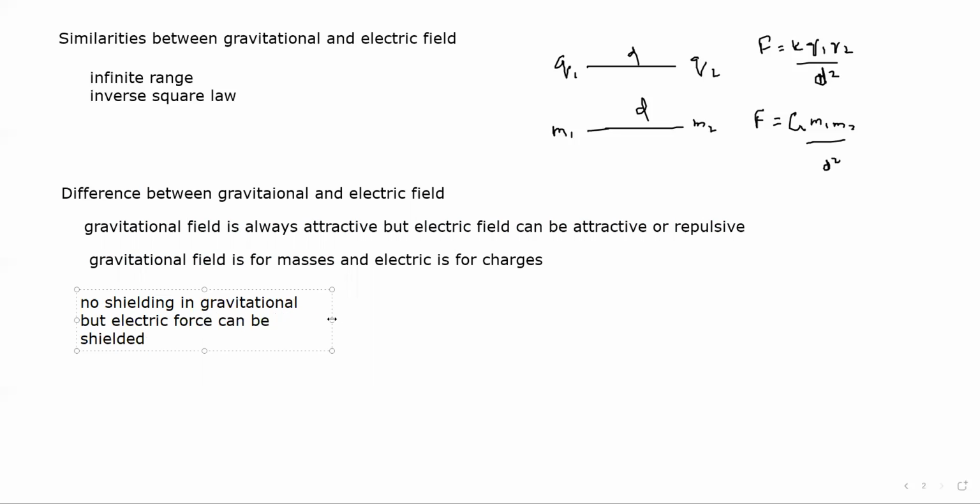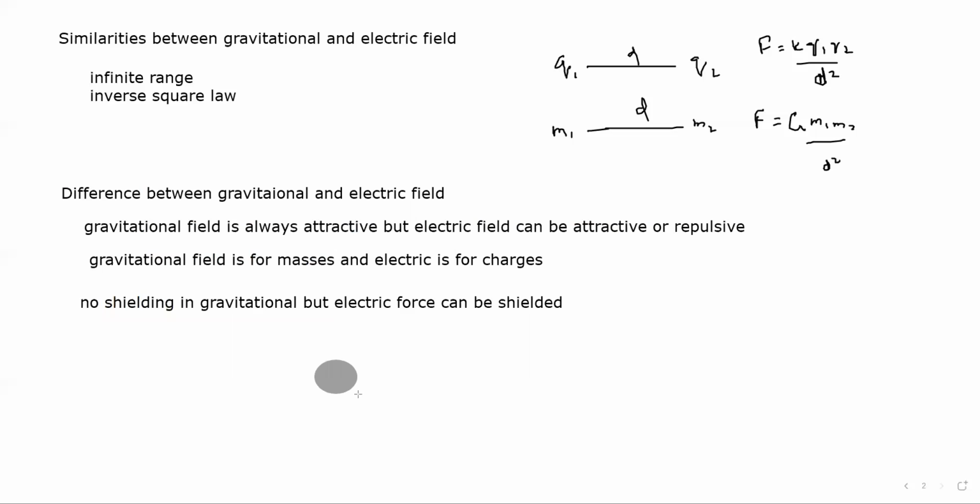So no shielding in gravitational, but electric can be shielded. What is the meaning of this? For example, if you have two masses m1 and m2, and you place a small object here, a very small, negligible mass, even though you add another material within the space, if this mass was experiencing, for example, 10 newton force, it will still experience 10 newton force.